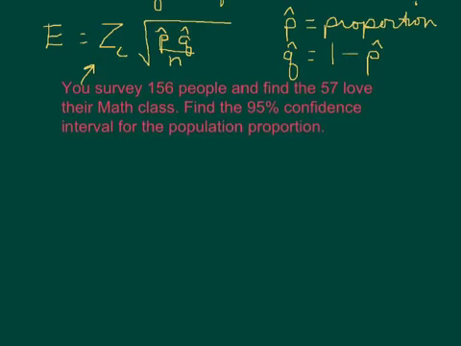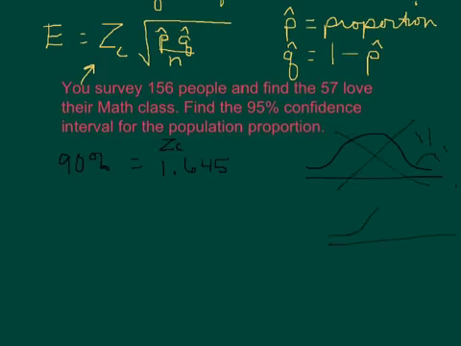I'm going to remind you what those Zc values are. So if you have a 90% confidence interval, your Zc value is 1.645. That means if you went to a standard normal curve, that is a gross, sad face, ugly.